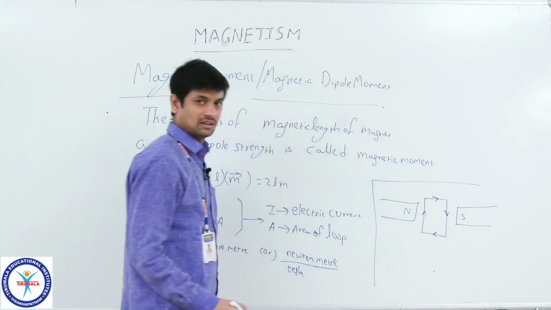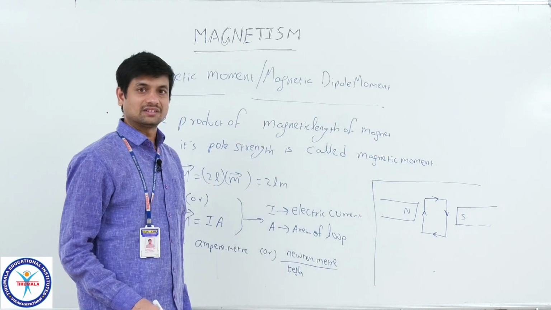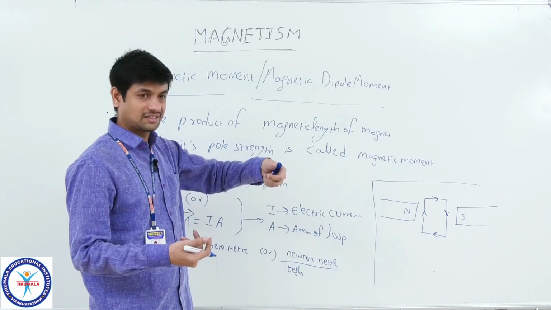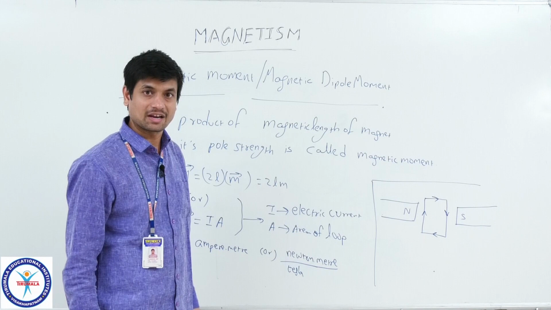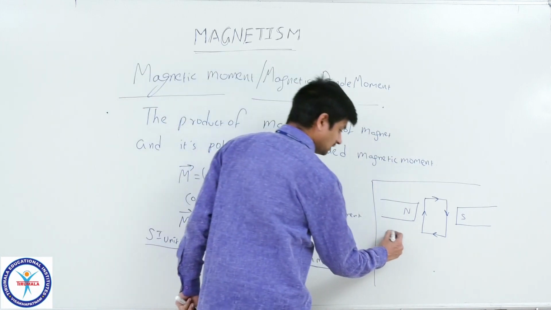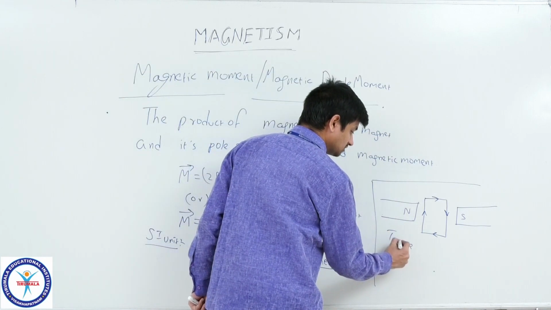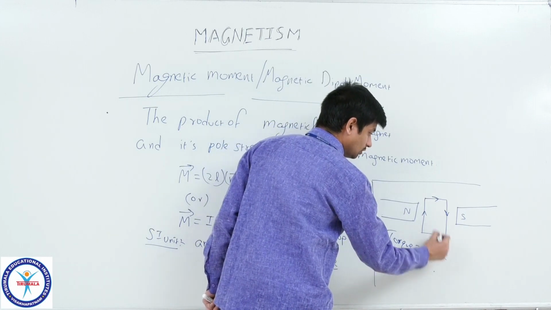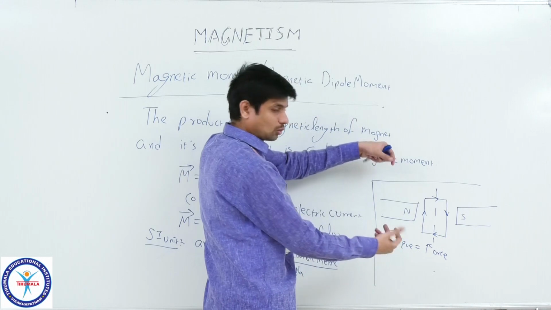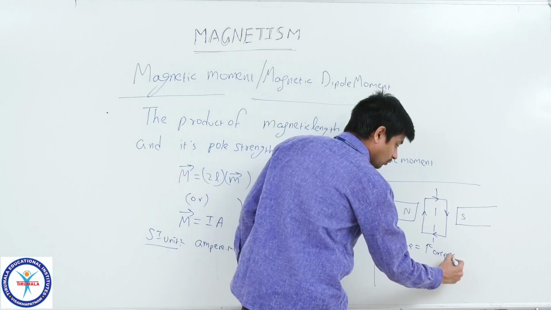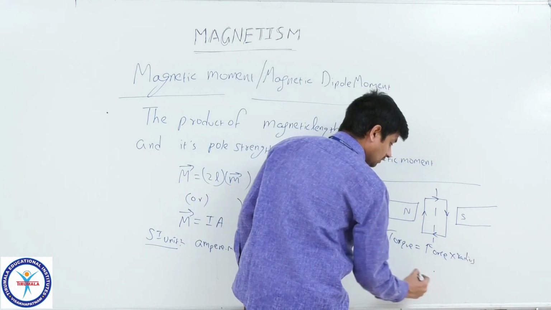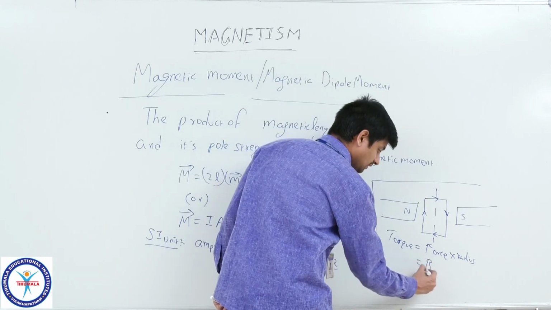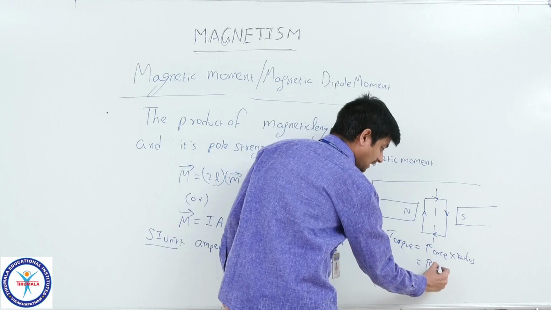So, what happens? There is the electromagnetic effect that the coil, that loop will turn around itself. Torque will be generated. Torque equal to force into radius, around this axis it rotates. So, force equal to the formula in electromagnetism, BIL.